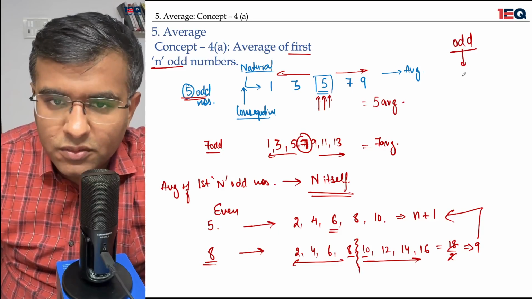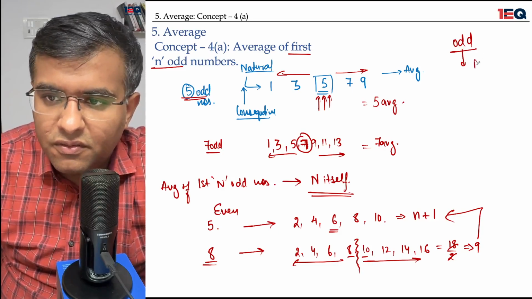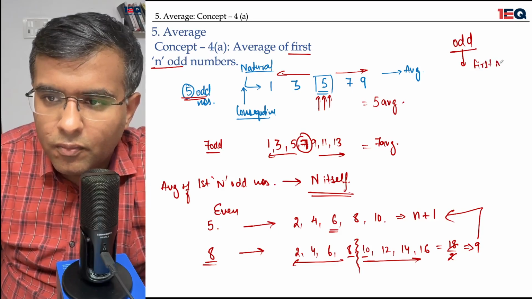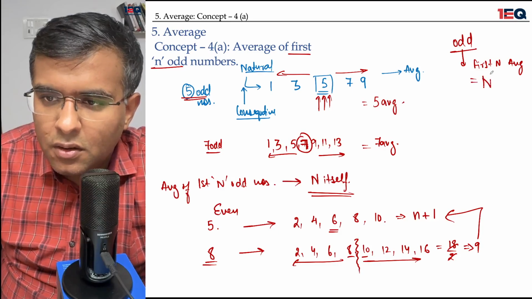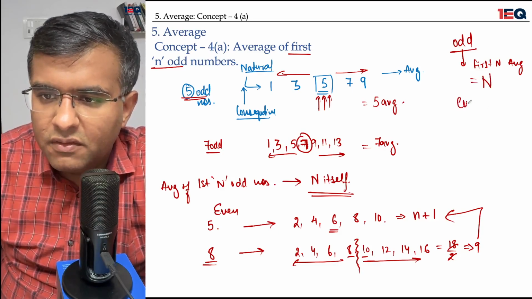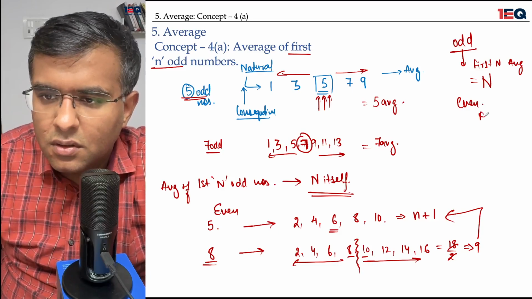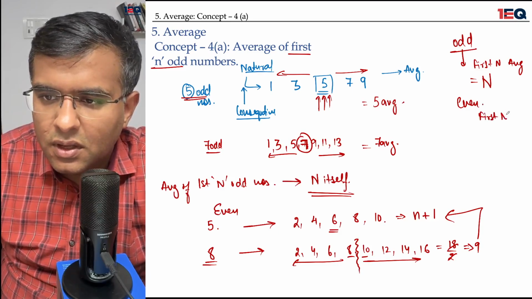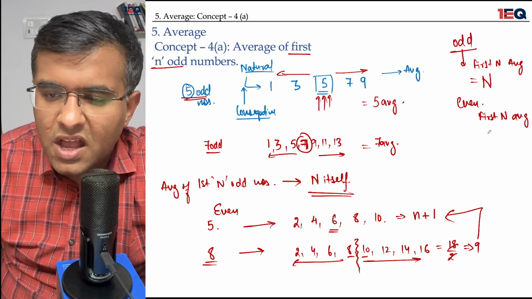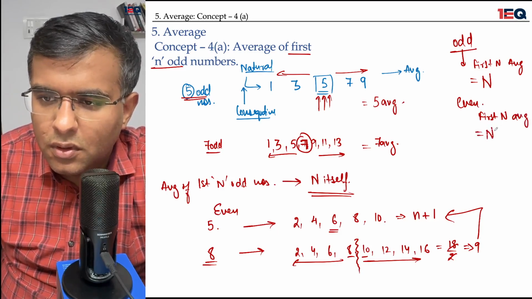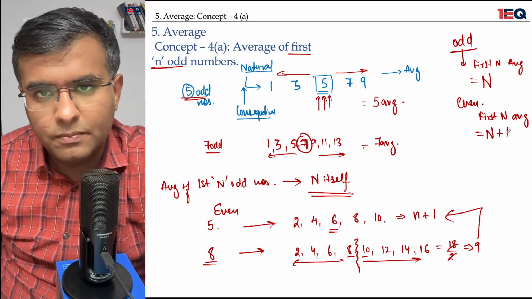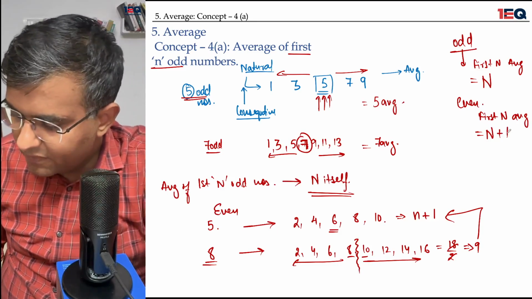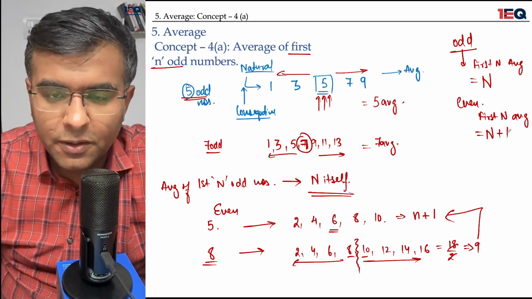For the odd numbers, the average of the first n is equal to n, and for even numbers, the average of the first n is equal to n plus 1.